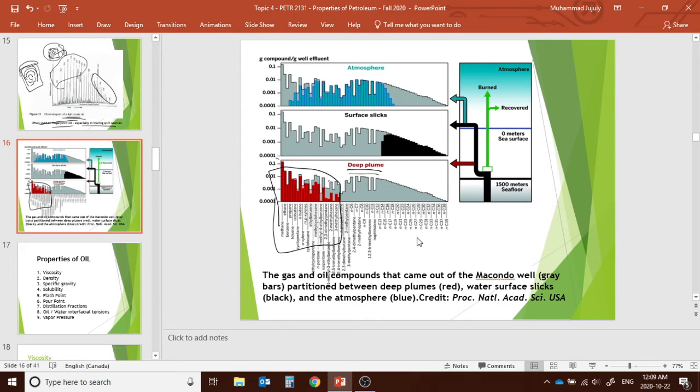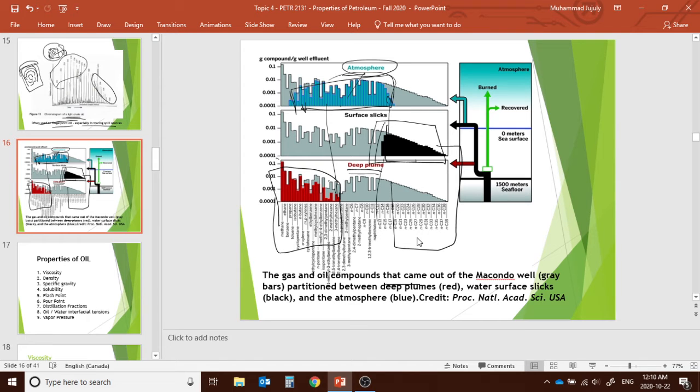That means the partitioning was between the deep plume and the atmosphere, which actually went out. So it was the medium range here, as you can see. The medium range, and the slick surface slick, is the heavier portion.